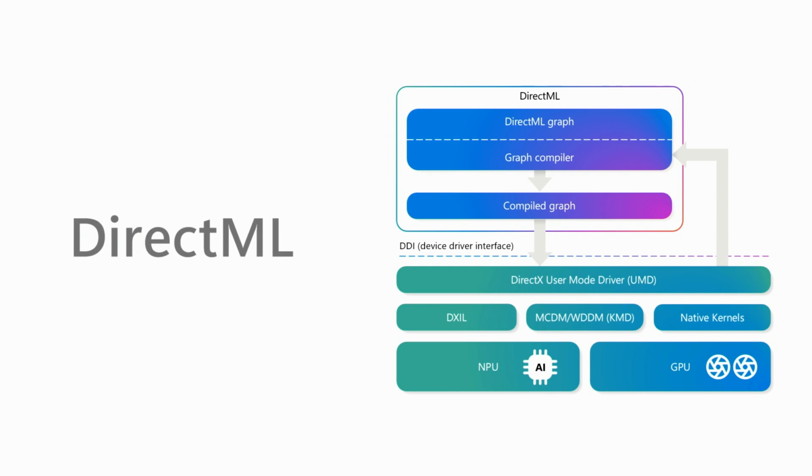Optimizations are orchestrated by the DirectML runtime through queries to DirectX user mode drivers, or UMDs. These UMDs all implement the DirectML device driver interface, or DDI. The DDI is carefully designed to enable specialization to unique hardware features and requirements, while also retaining a consistent experience for users across hardware.